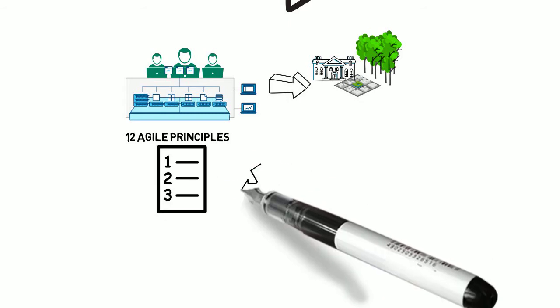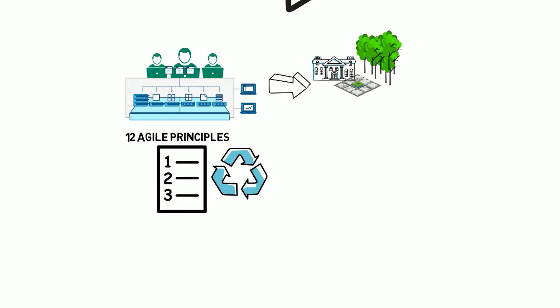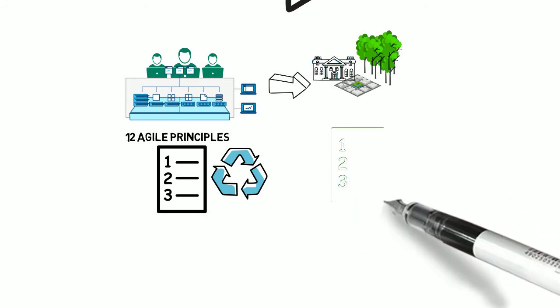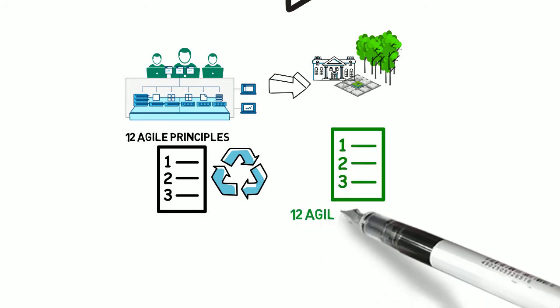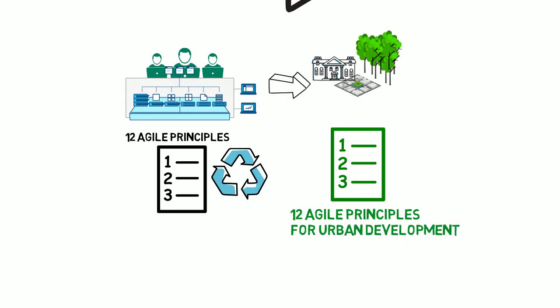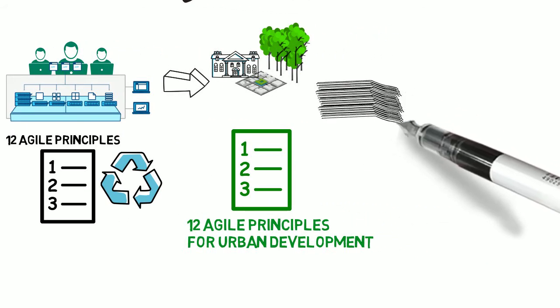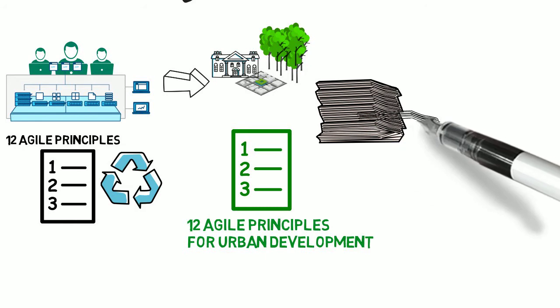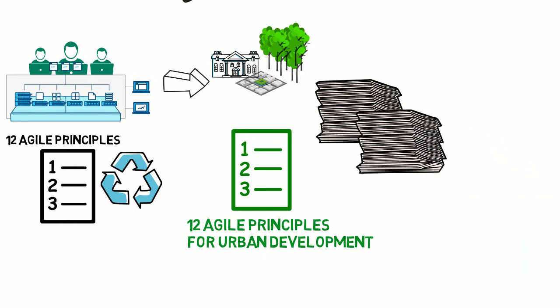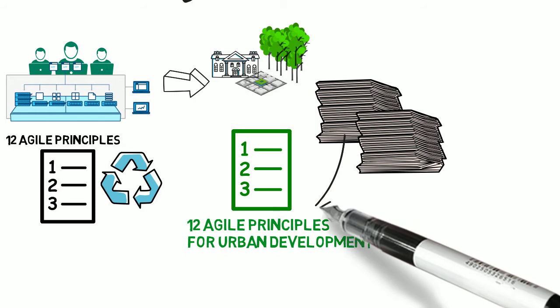Of course, the scales of time, scales of resources are quite different. But what we realized and what we present in this paper is that indeed we can translate the agile approach into the domain of urban development quite successfully. And we also see that there is quite a lot of literature in the domain of urban adaptation and urban development that supports this idea of 12 urban agile principles.